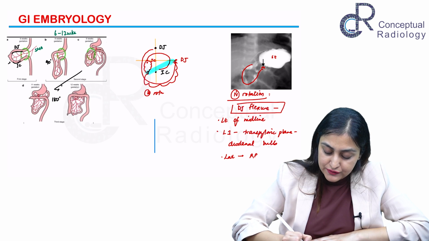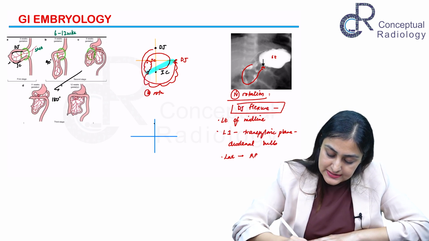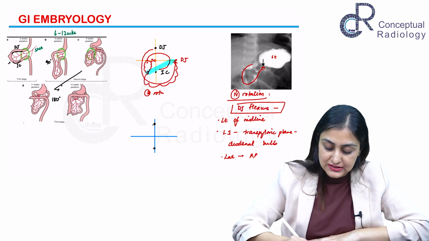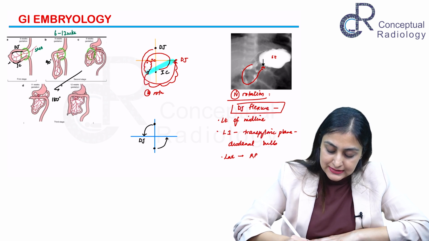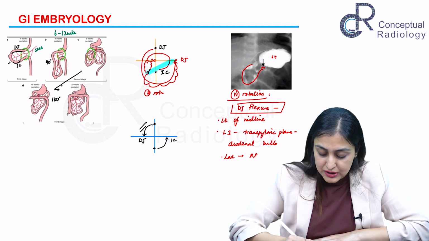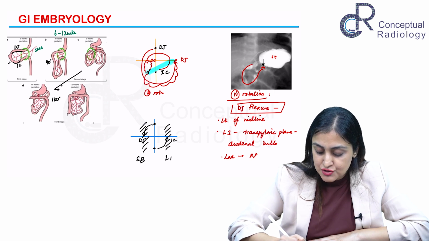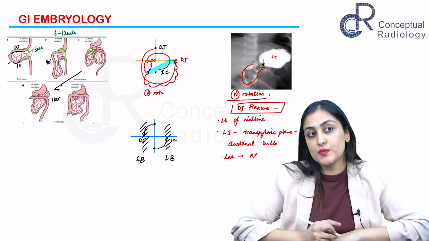This is how we started, DJ flexure and IC junction. If there is just 90-degree anti-clockwise movement happening, do you agree that this is where I have DJ and this is where I have IC? In short, my entire small bowel is now on the right side and my entire large bowel is on the left side, isn't it?